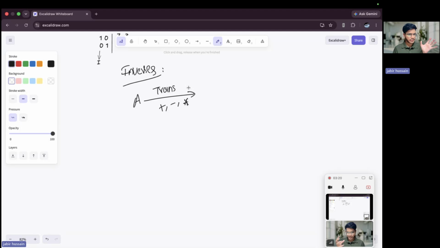I have a matrix A and I'm doing some operations on it, and the matrix A has changed from state 1 to state 2. Let's assume that after doing operations, our matrix has reached some state, let's say J.